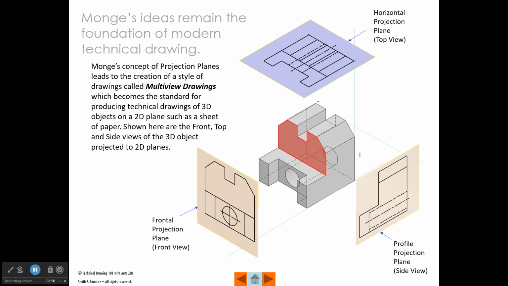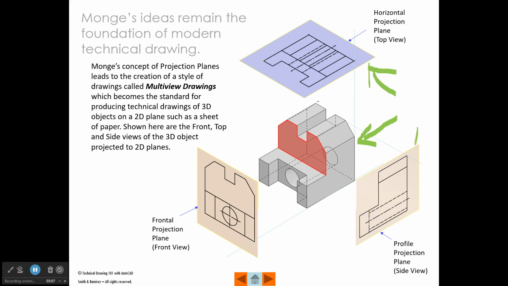And so here we see that same part that we saw in the preceding slide, but this time we've added a horizontal projection plane to the top, and we project up to it from our 3D part, and we get a two-dimensional top view.